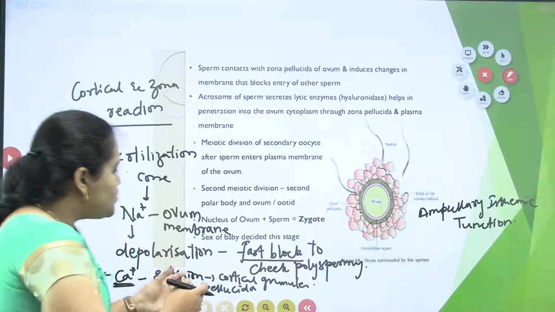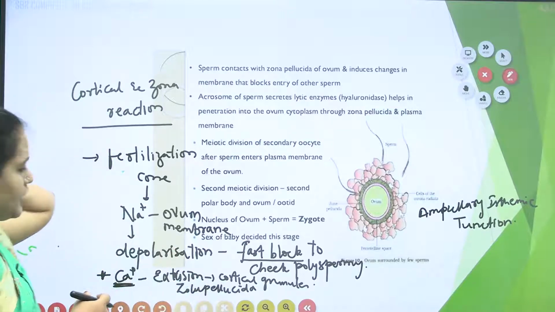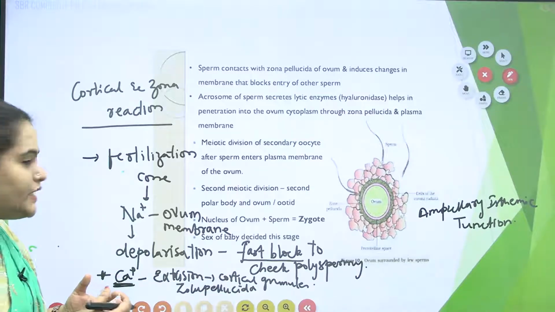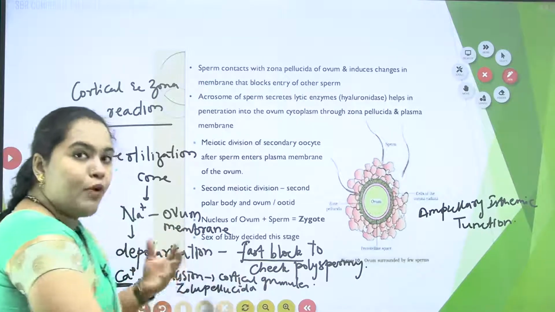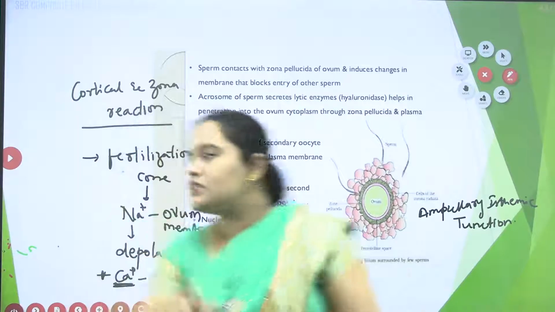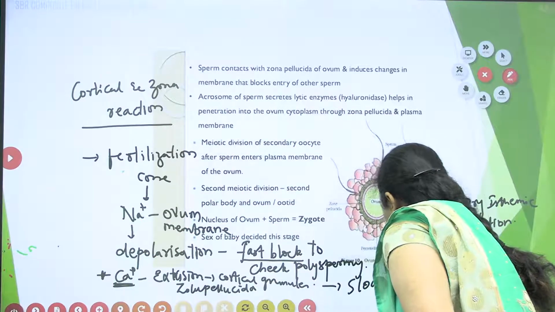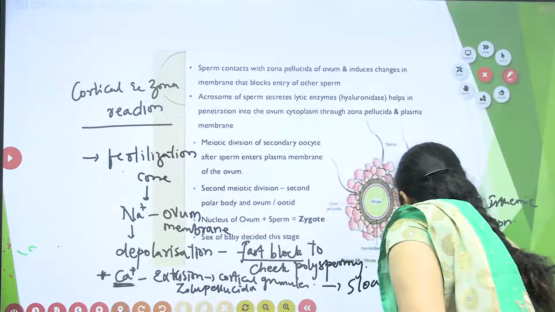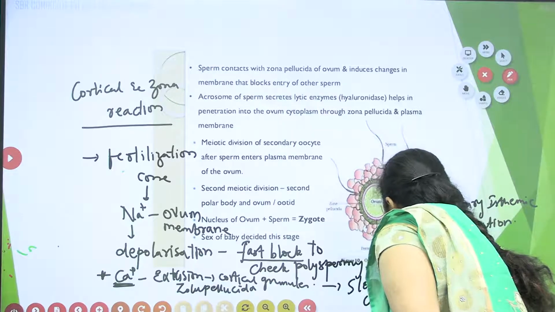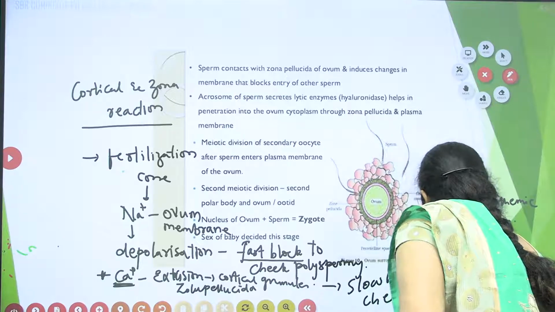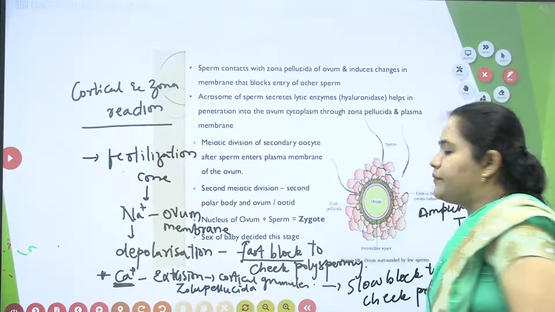So the extrusion of the cortical granules and the thickening of the zona pellucida will further protect against polyspermy, and that is what we are calling the slow block to check polyspermy.